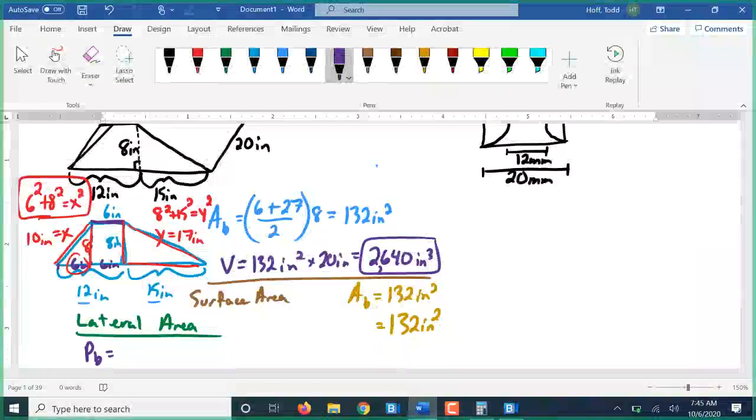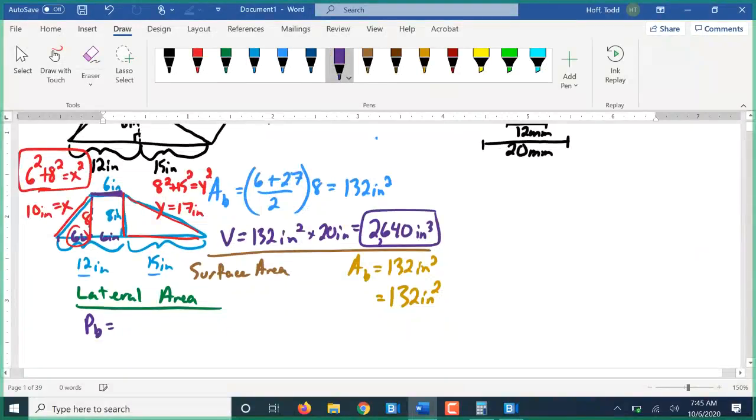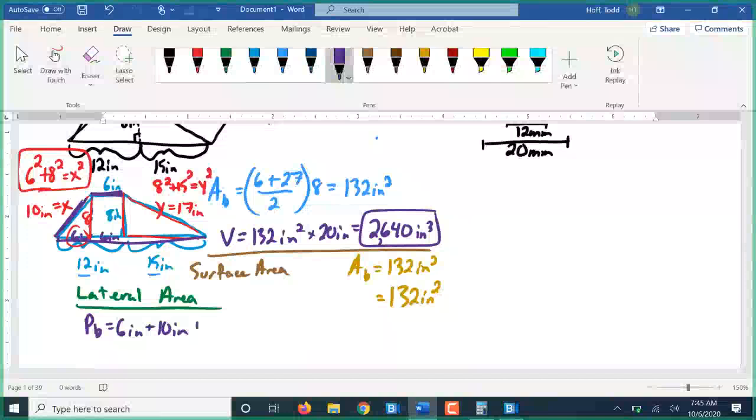So for our perimeter, we've got 6 inches on top, 10 inches over here. I already said the total across the bottom is 27 inches, and then 17 inches there. Giving us a total of 34, 44, 50, 60 inches of perimeter.